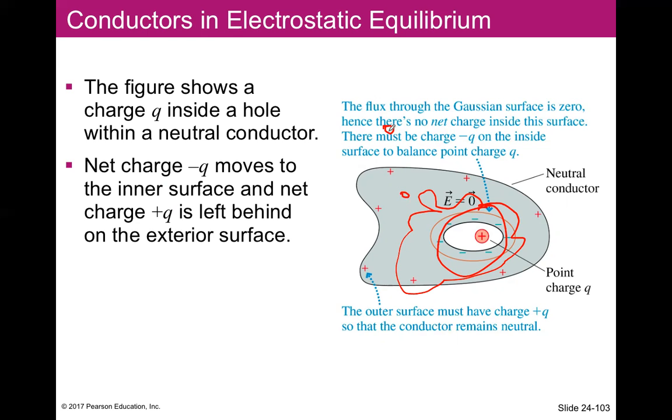Is it 0? No, because if you make a surface, let's say any surface here, this time, if this point is outside of the conductor, then what's the net charge inside?